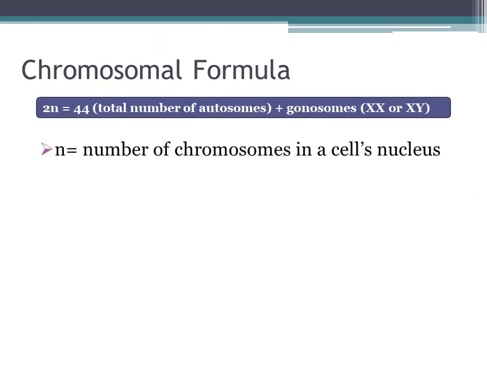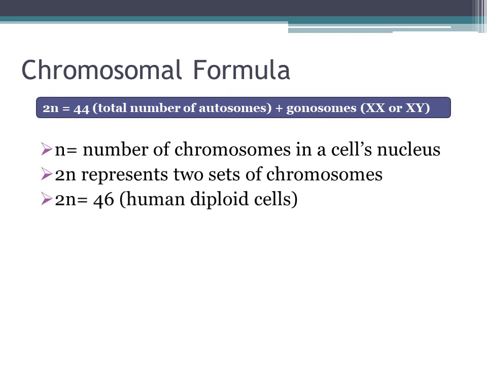A chromosomal formula can be written in another way, which is 2n equals total number of autosomes, which is 44 in case of humans, plus gonosomes, which can be XX for a female or XY for a male. So n is the number of chromosomes in a cell's nucleus, whereas 2n represents two sets of chromosomes, since chromosomes are present in homologous pairs.